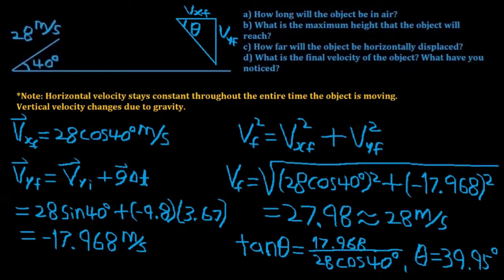Okay, so now we also want to find the direction. In this case, we would use tan, opposite over adjacent. Opposite, of course, being the vertical component of the velocity, all over the adjacent, which is the horizontal component, and this gives you 39.95 degrees, and that's also 40 degrees actually.